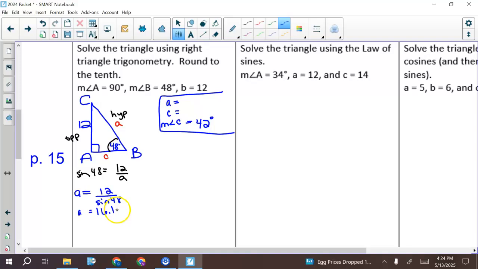Let's keep more digits for now, and when we round it at the end, we'll go to the nearest tenth. So up here we can put 16.1.